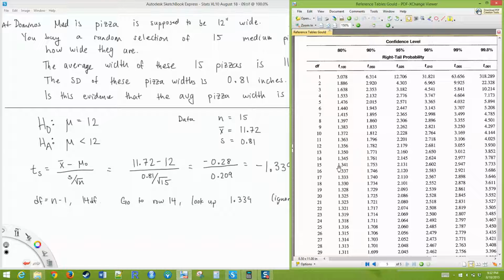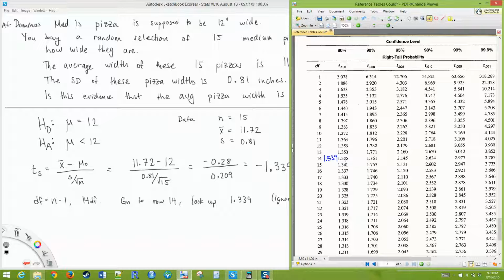So 1.339 would be between what columns? It's not between the 80 and 90 columns. We're looking at the right tail probability, so it would actually be to the left of this column. 1.339 is smaller than 1.345.